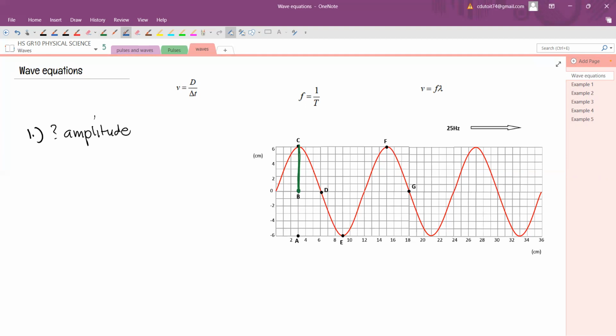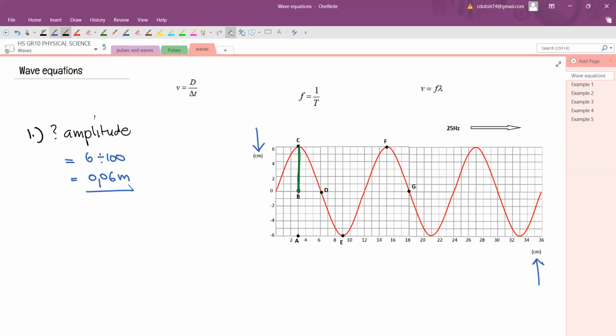Remember, the answer must be in meters. 3.6 meters. Now, look at the y-axis. I don't know if you can see that, but that's in centimeters. And the x-axis is also in centimeters. So that is 6 divided by 100 to get meters, isn't it? 0.06 meters. 6 centimeters is wrong.